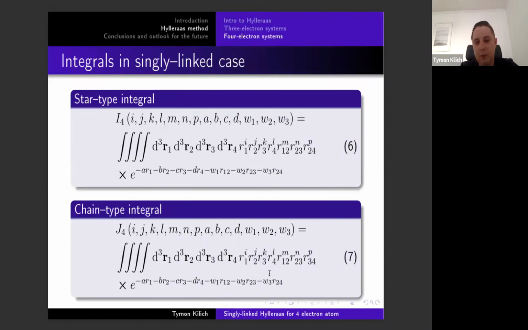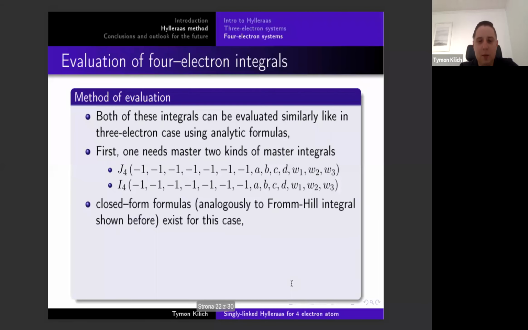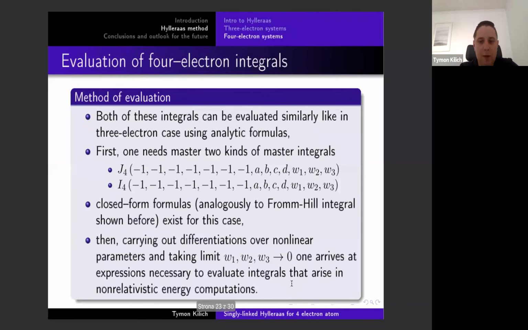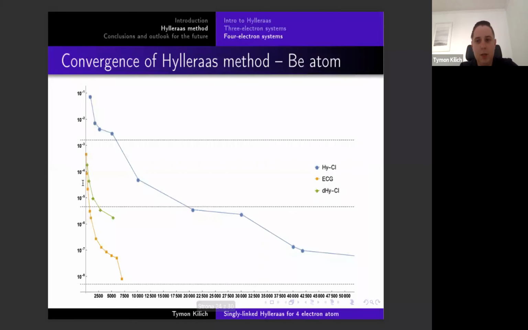We use the fact that if we differentiate over these A, B, C, and W nonlinear parameters, we can obtain other analytic formulas for higher powers of AB and for higher powers of R. Then if we want to restrict ourselves to the Hylleraas case, we need to take the limit with respect to W's. And that's the way we can obtain the integrals.